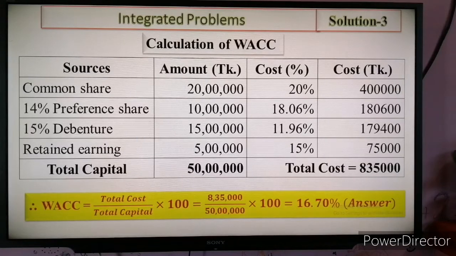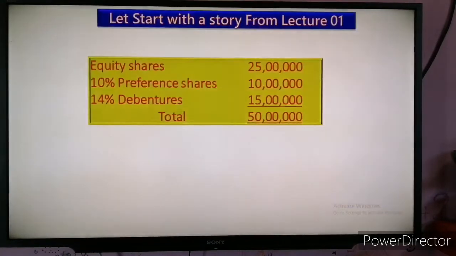And I mentioned that when you are able to calculate overall cost of capital from 3 classes, then you can answer the story. Now let's have a look.